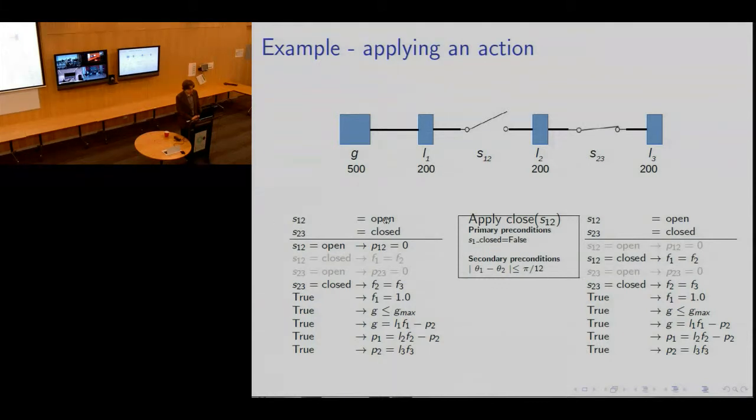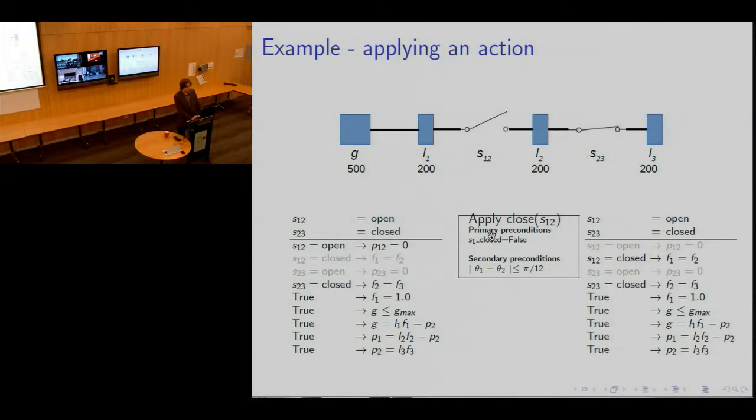This value of this variable over here makes this constraint active, and this second one makes this one active. If now we take the right-hand side of the active constraints and pass them to the constraint solver, we would see that this is satisfiable, therefore this state is valid.